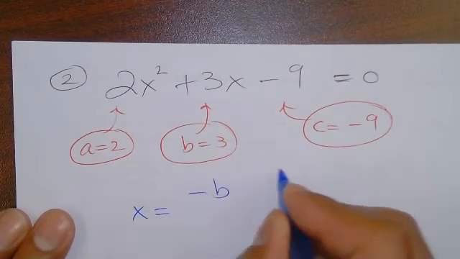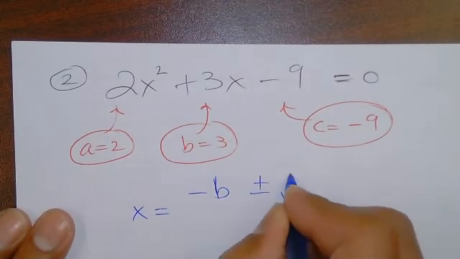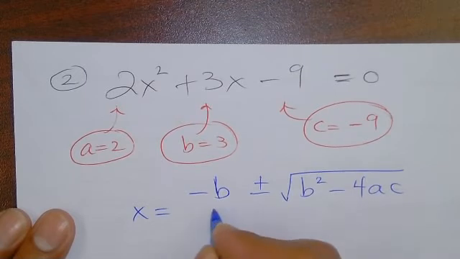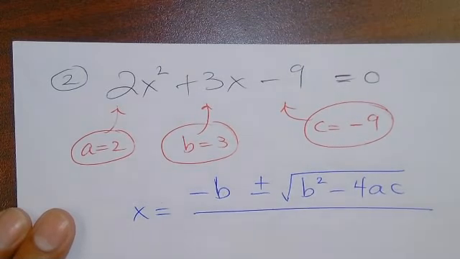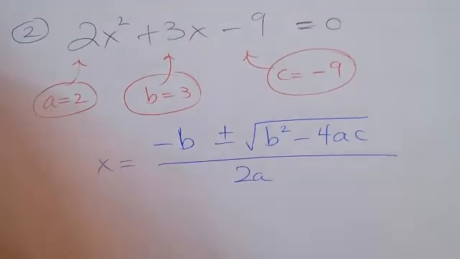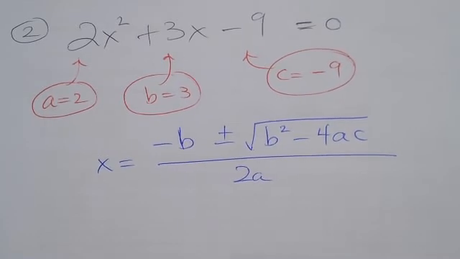And what is that formula? X is equal to negative b plus minus the square root of b squared minus 4 times a times c, divided by 2a. All right, go ahead and substitute first. Don't do any kind of calculations or arithmetic. Just substitute everything correctly.